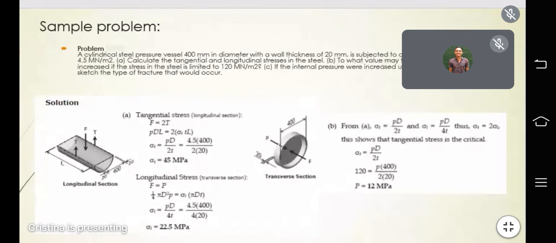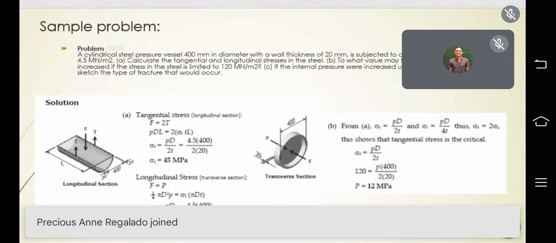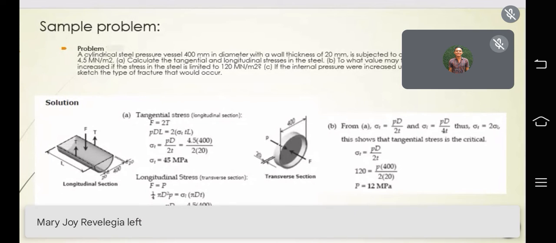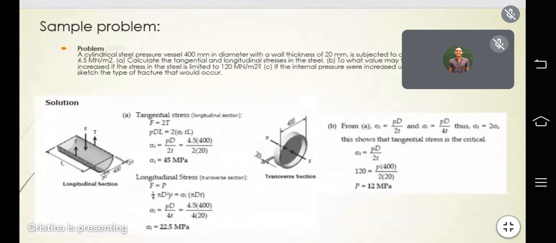Tangential man siya, so half lang ang pressure ani sa longitudinal PD, so 6 lang.